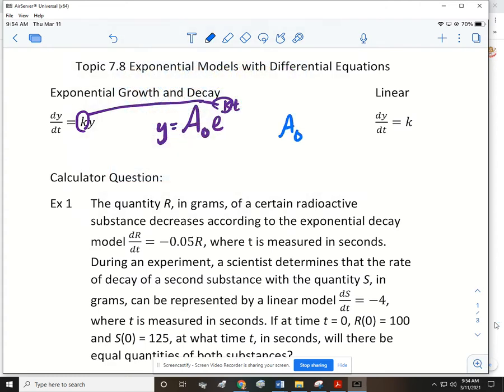And a sub 0 is the initial amount, that's when t is equal to 0.